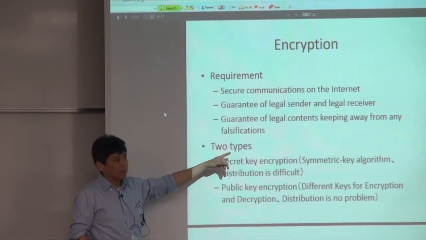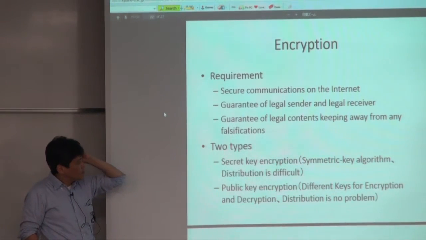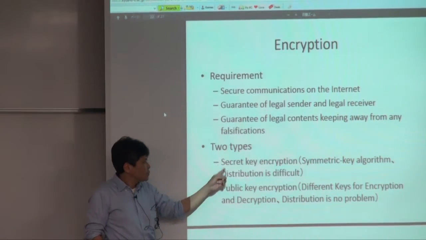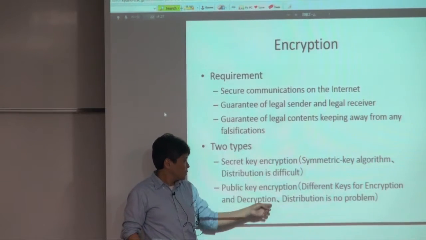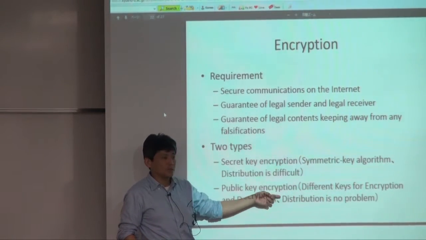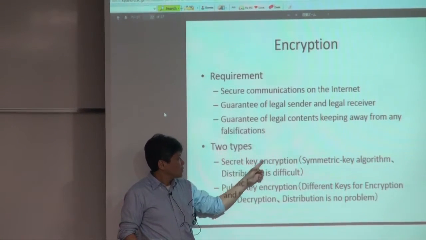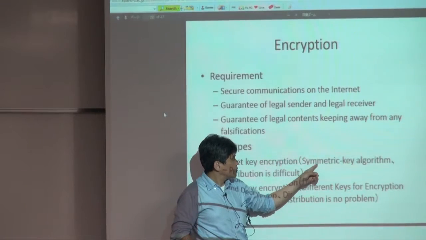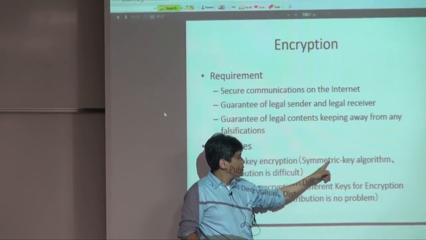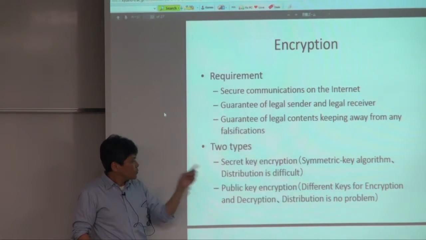Some bad person makes a falsification, okay. And there are two types of encryption: the simple encryption and the sophisticated encryption. The former is secret key encryption. This is very simple because a symmetric key algorithm is used. However, distribution is difficult.